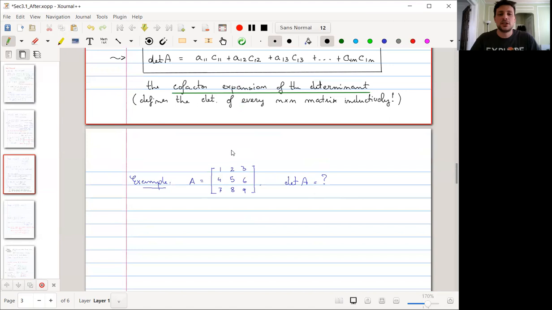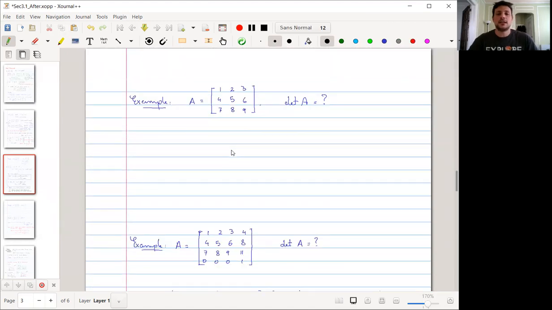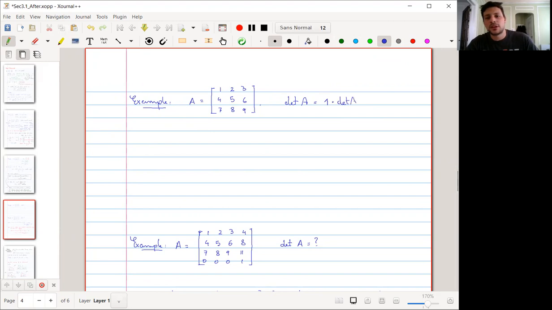We'll compute the determinant of this matrix A, and then we'll do it with a 4x4. To compute the determinant of this, we can use the cofactor expansion. The cofactor expansion prescribes that I go along the first row, so it's going to be 1 times the determinant of A11 minus 2 times the determinant of A12 plus 3 times the determinant of A13.